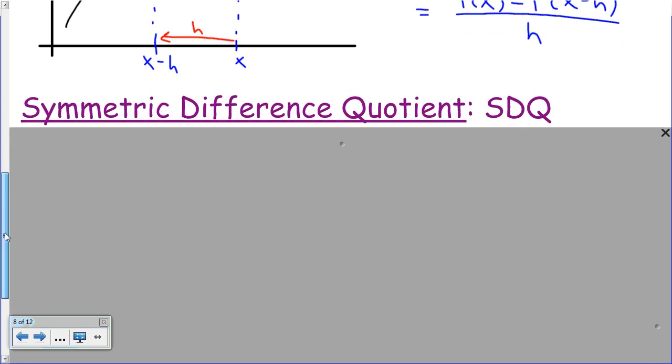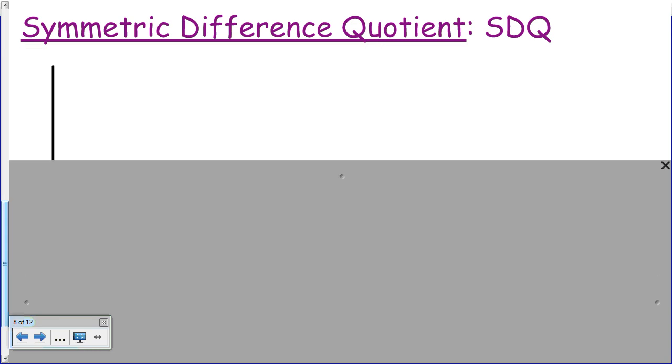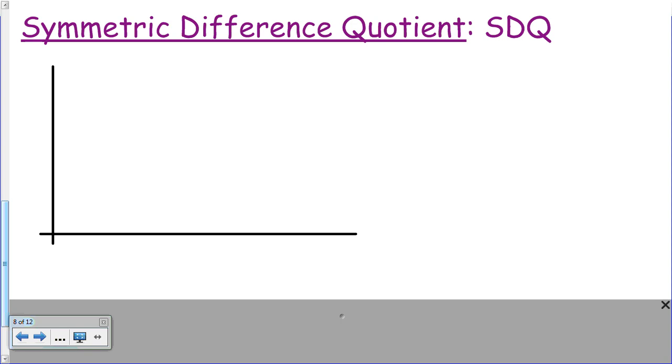All right, and that leads us to the third one, which we call a symmetric difference quotient, which is kind of a combination of the previous two, we'll see. We'll call this SDQ for short, for symmetric difference quotient. And again, we'll sketch a function here and use the same curve I've been working with just to illustrate this.